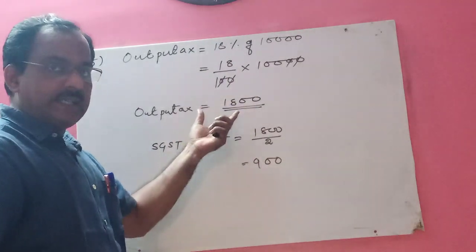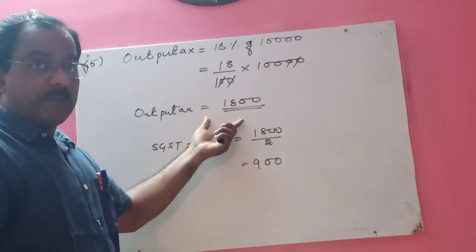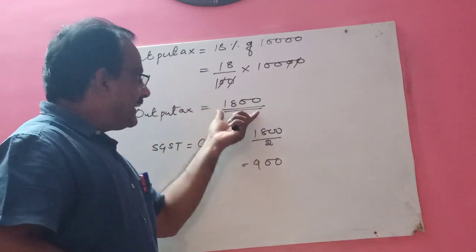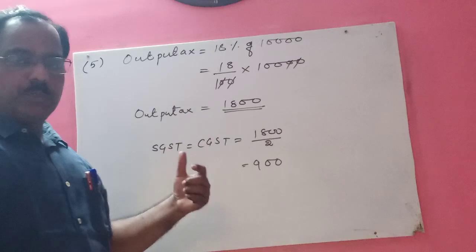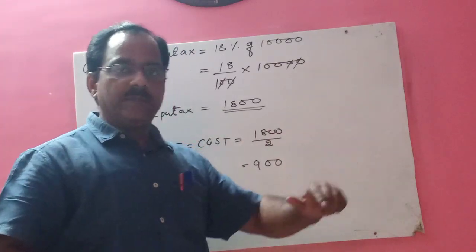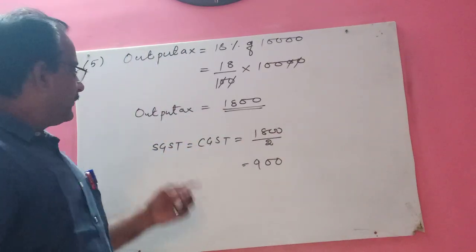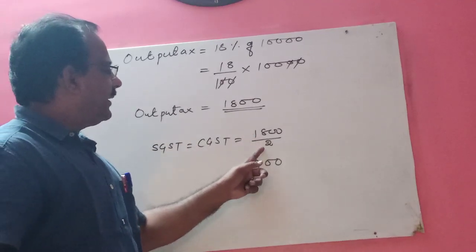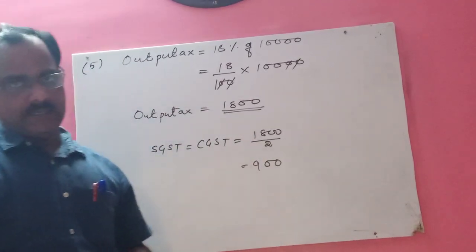This was the tax collected by the shopkeeper from the customer. Okay, and then out of this 1800, half amount goes to the central government and half amount goes to the state government. So therefore SGST equal to CGST is equal to 1800 divided by 2. Answer is 900.